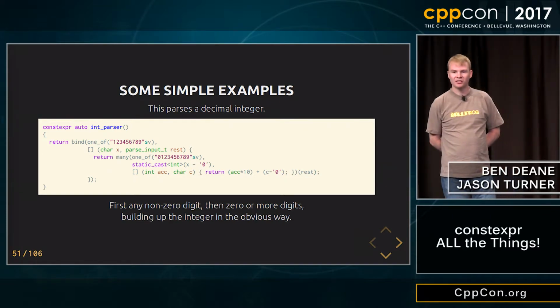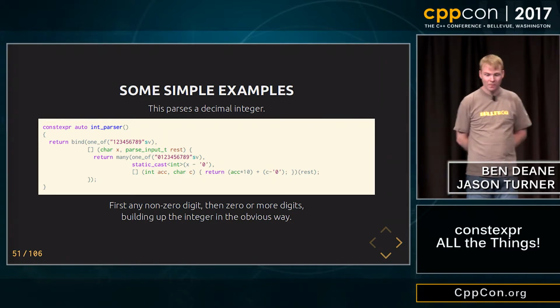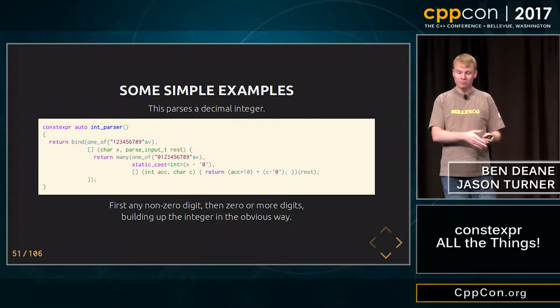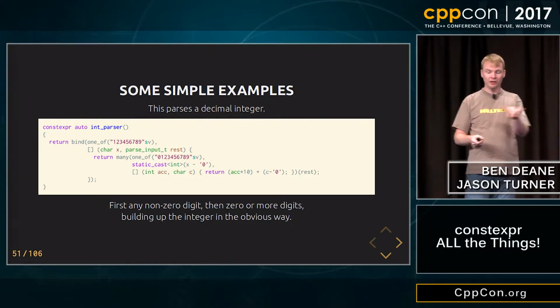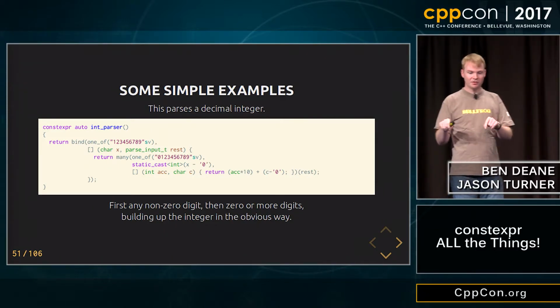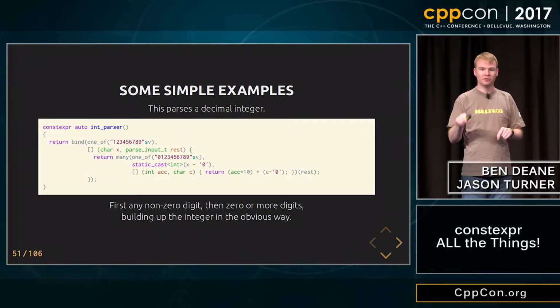Okay, so that one eats white space. This one parses a decimal integer, a positive decimal integer. And so what we're doing here is building up the parser combinators. We're saying 1 through 9, because the decimal integer won't start with a 0. And we're going to bind the result of that and pass it into the function that we pass, so 1 through 9 will be that char x parameter to our next function.